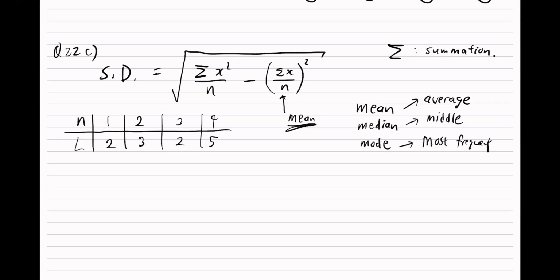Okay. This is the formula for the mean. Just add up all of the numbers, sum of x. Or maybe I should change the notation here. I should call this i and xi. So this 2 here is x1. This 3 here is x2. This 2 here is x subscript 3. This 5 here is x4.